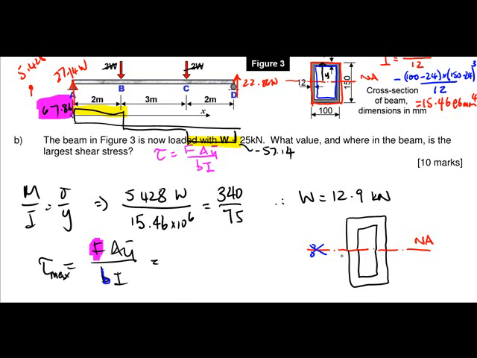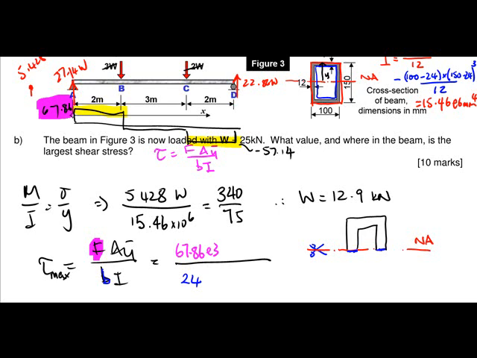Let me just remove the bottom. B is the distance we've cut, so it's that plus that. So B would be 24, because there's this bit and this bit. F is this 67.86 times 10 to the 3, working in newtons.